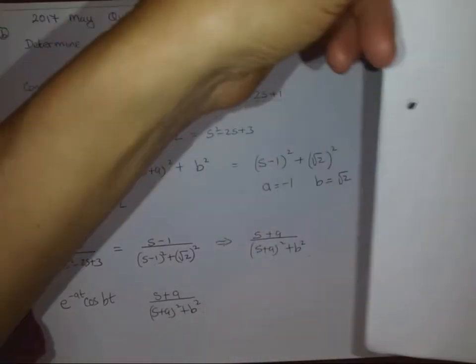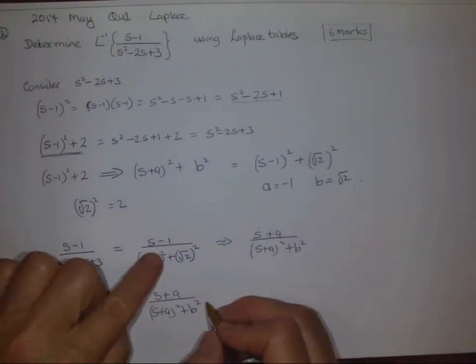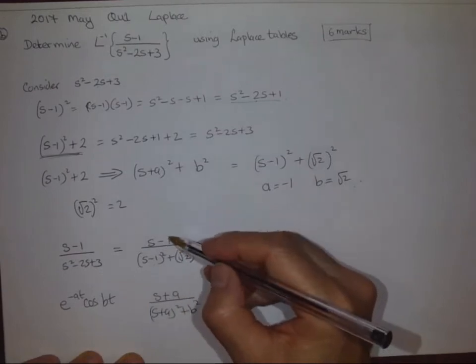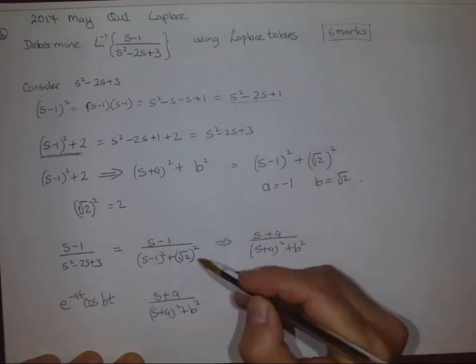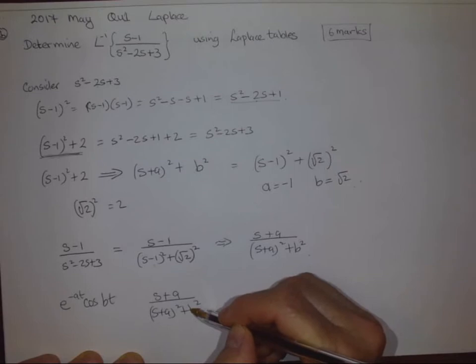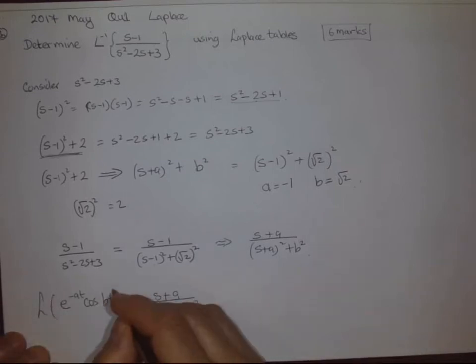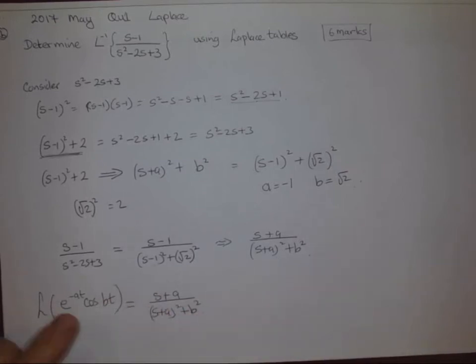And we have identified that for our function here, a is minus 1, and b is the square root of 2. So when we do the Laplace transform on that, it goes to this.